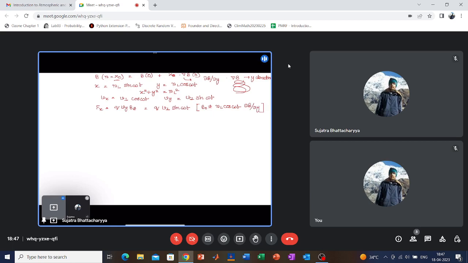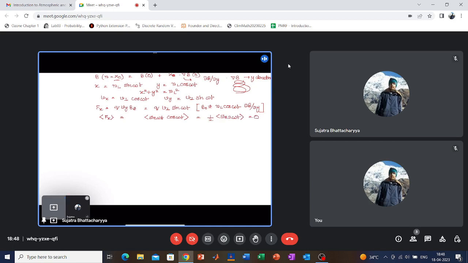Now if I average this F_x over one period, this is sin omega t cos omega t, which can be written as half sin 2 omega t, and this comes out to be 0. The average of this particular thing is 0.